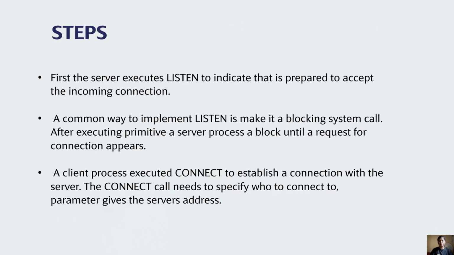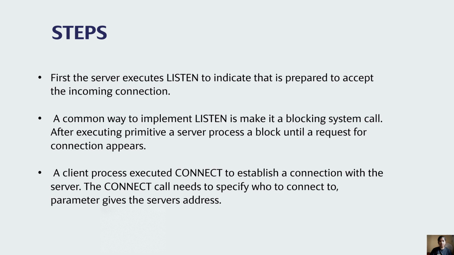So what are the steps, like how is this being done and how is the service protocol in action? Let's see that. First the server executes listen to indicate that it is prepared to accept an incoming connection. So listen just indicates that it is ready to accept an incoming connection. Next, the common way to implement listen is to make it a blocking system call.